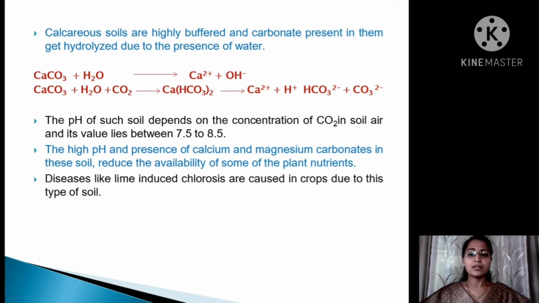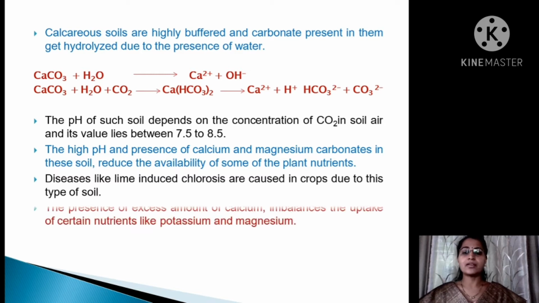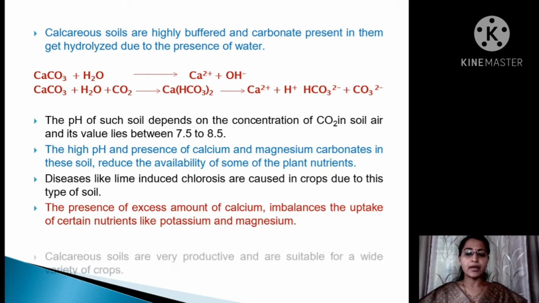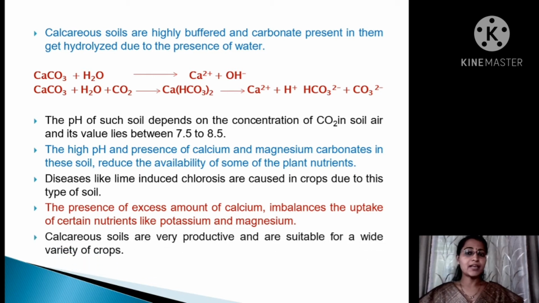Diseases like lime-induced chlorosis are caused in crops due to this type of soil. That means due to the calcareous soil. The presence of excess calcium imbalances the uptake of certain nutrients like potassium and magnesium. These calcareous soils are very productive and are suitable for a wide variety of crops.